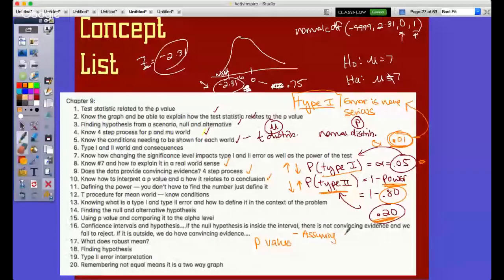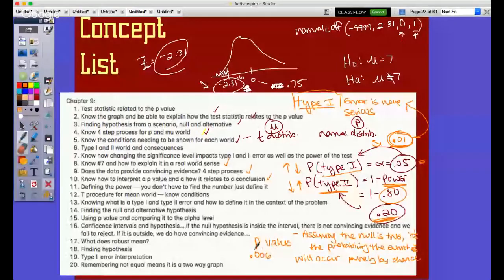Assuming the null is true, it's the probability the event, whatever the event is, will occur purely by chance.